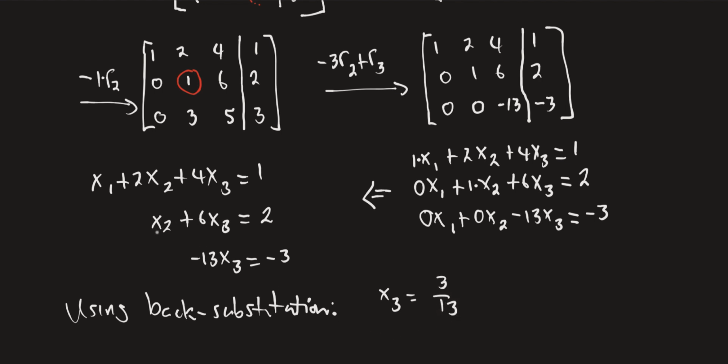And now look at this. Having these pivots of 1, it's very easy to isolate my variable. So now x2 is going to be 2 minus 6 times whatever I got for x3, which is 3/13. So this is 2 minus 18/13.